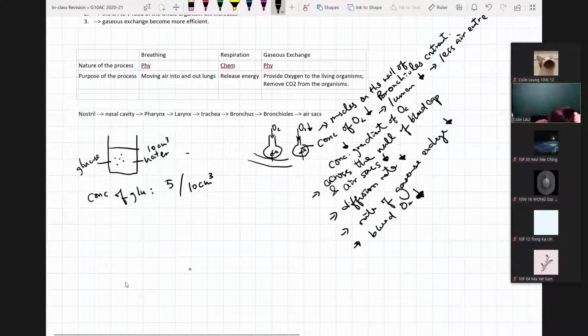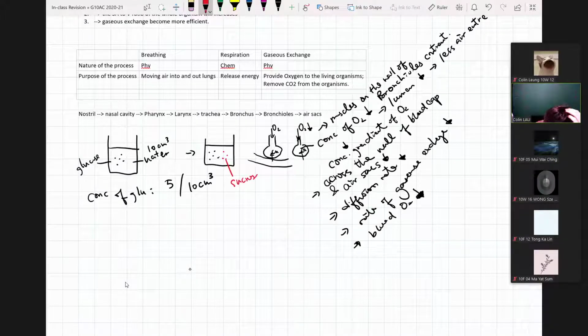But let's say if you add something in, and then you add, let's say, sucrose in. So you are still having 10 cm cube of water. Then in this case, the concentration will still be the same because the amount of glucose is not changing. The volume of the solvent it is in does not change. So no matter how much you dissolve in it, the concentration of particular one molecules remains the same.